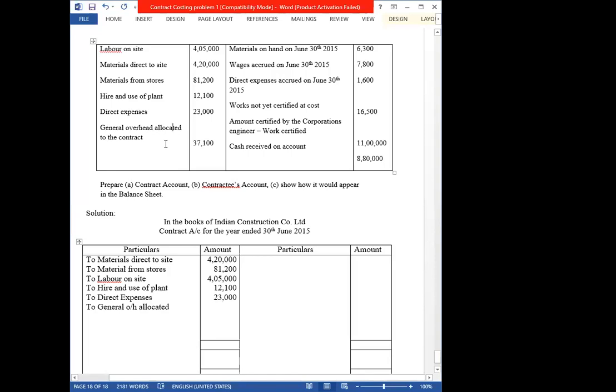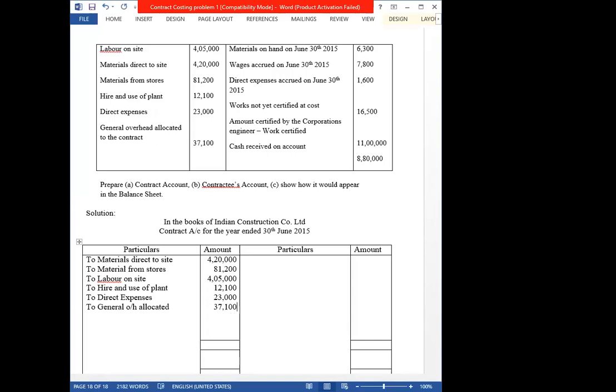That means any expenses which are common for more than one contract, the total will be taken and allocated according to the contract size and the time consumed by that particular contract. That's why it is called general overhead allocated to this contract. It is already calculated only for this contract, and the amount is 37,100.